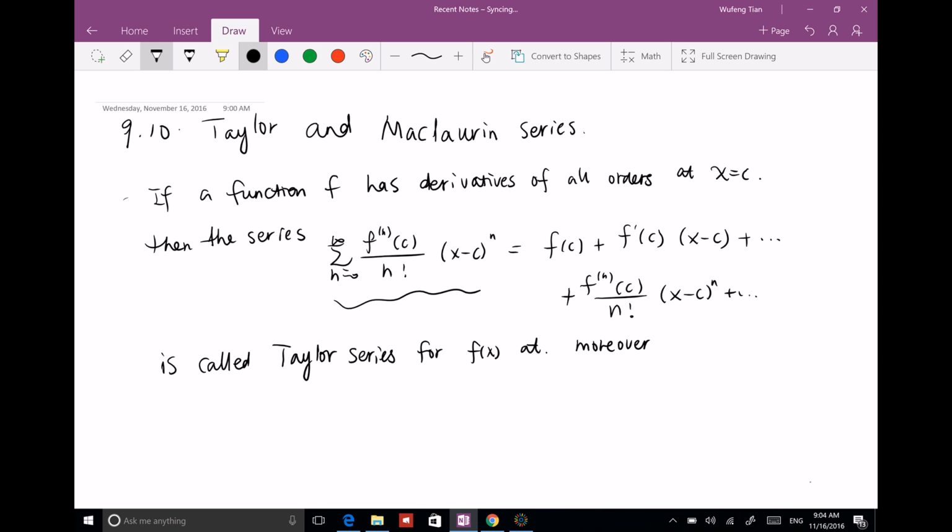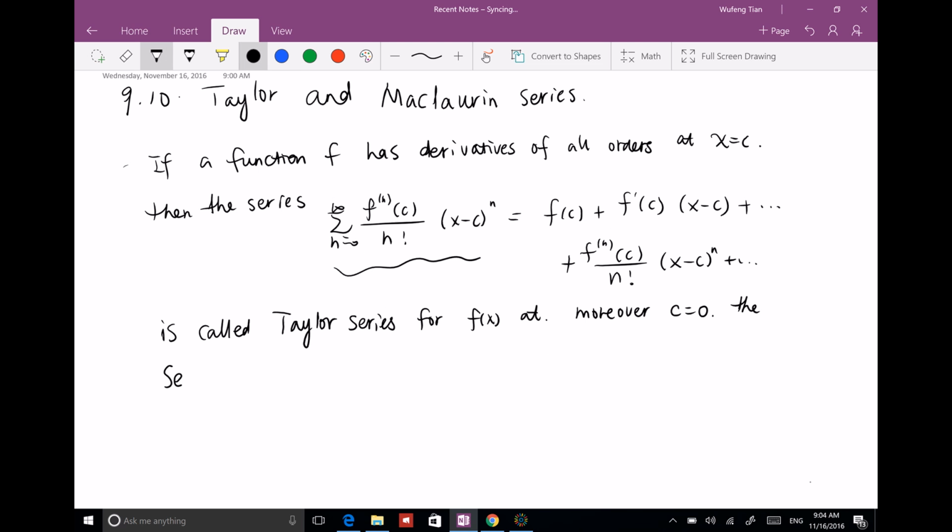If c equals 0, then the series is a special case. The series is called the Maclaurin series for f. Okay, so let's look at an example.